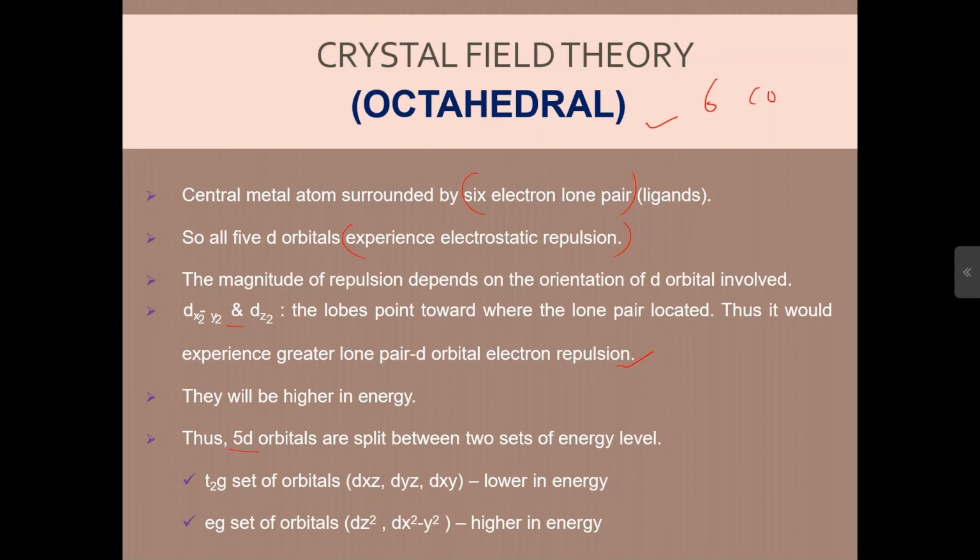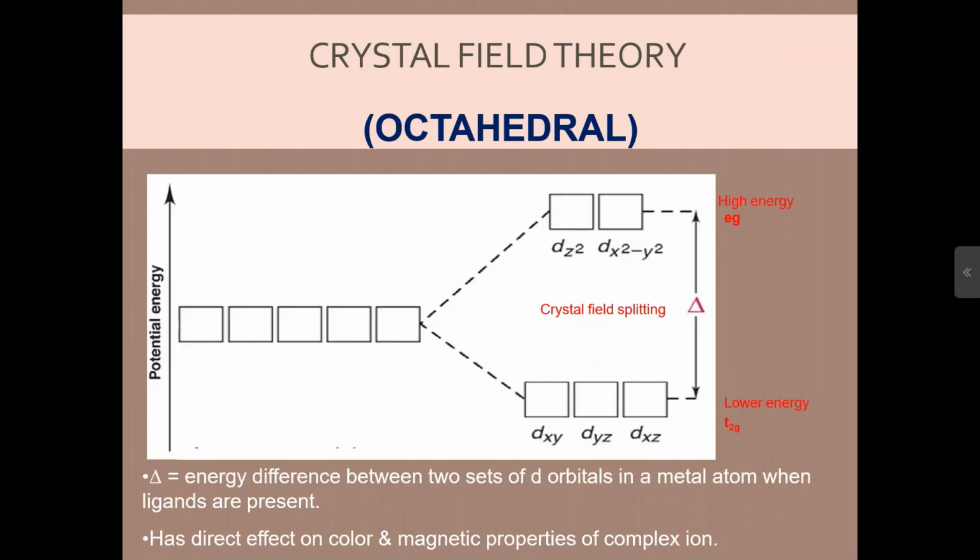Thus, the 5 d orbitals are split into 2 sets of energy levels: the t2g set of orbitals, in lower energy, which is dxz, dyz and dxy, while the eg set of orbitals is in higher energy, which is dz squared and dx squared minus y squared. So this is how you draw the schematic diagram for octahedral crystal field theory. You have energy here, and this is the d orbital.